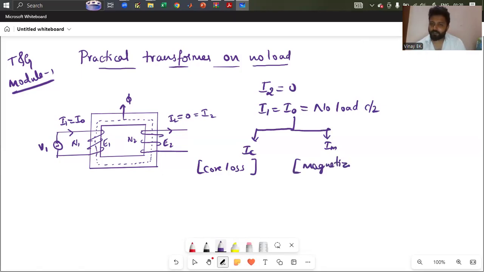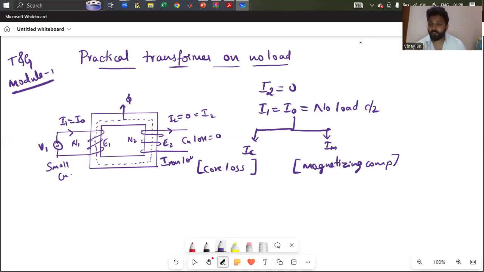If there is no load on the secondary side, I2 is 0, so the copper loss in the secondary winding is almost equal to 0, but there is iron loss. Similarly, on the primary side, a small amount of copper loss will be there and also iron loss will be present. So if there is no load, iron loss is present.